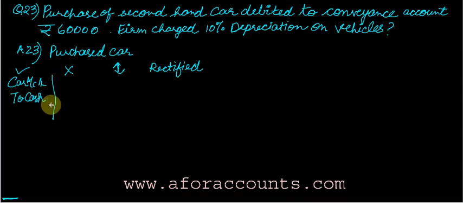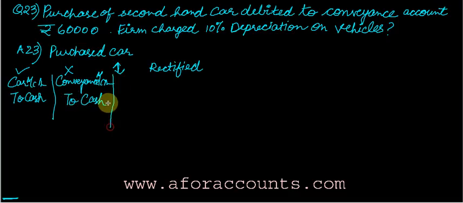Okay. The wrong entry is I have put it in the conveyance account. So conveyance account debit to cash. Now I have to reverse it. Cash account debit to conveyance.